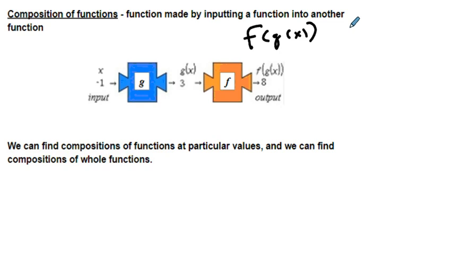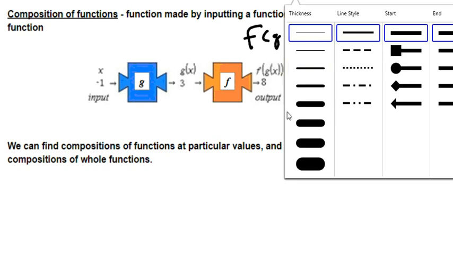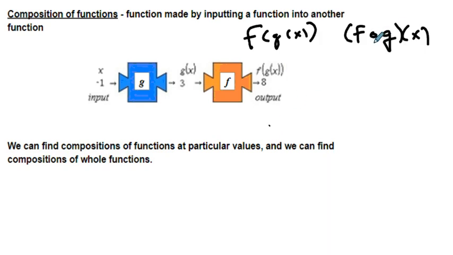The other way that we've been using more is f of g of x, so it looks like f circle g. And what this means, f of g of x, is not a multiplier. It just means f composed with g. And so these are the two different ways you'll see it.